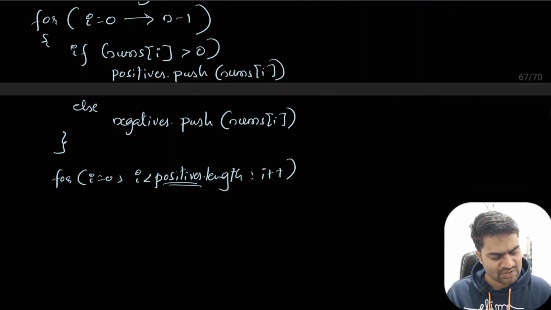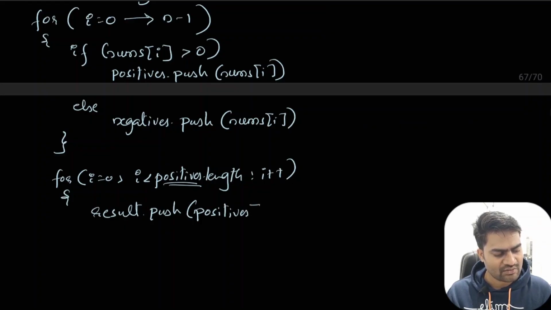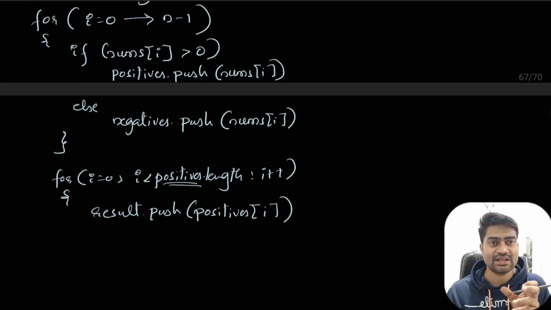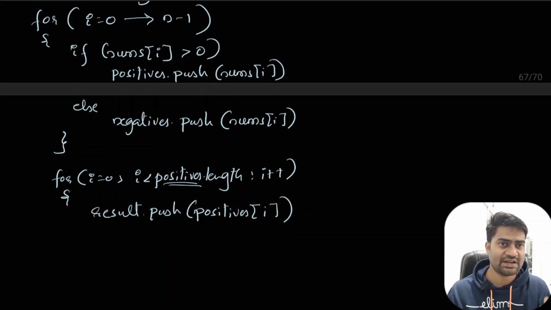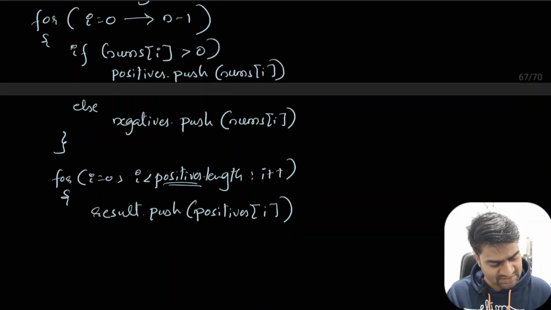Then I will say result dot push or add first positives of I, because the first number that the solution accepts is a positive number, then the negative number. So positive number, negative number, positive number, negative number, something like that.